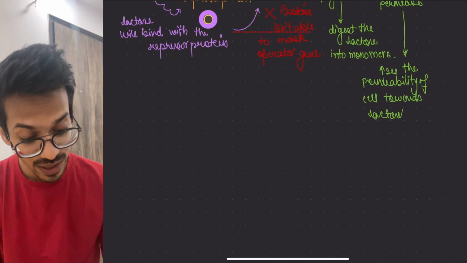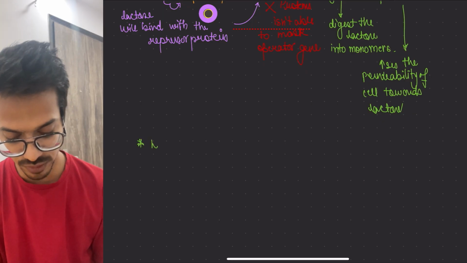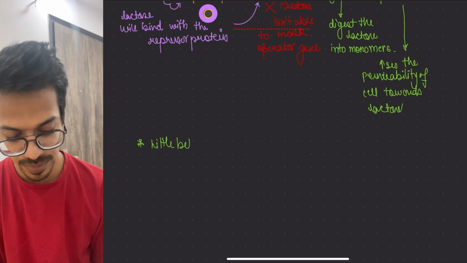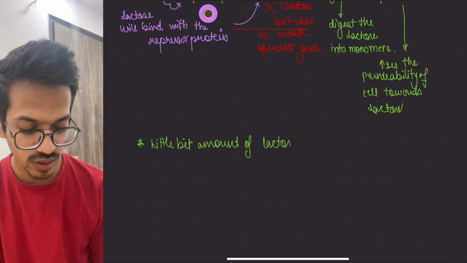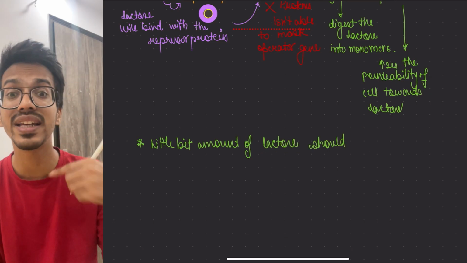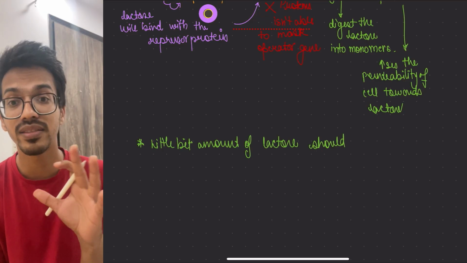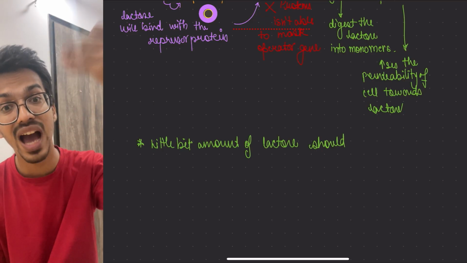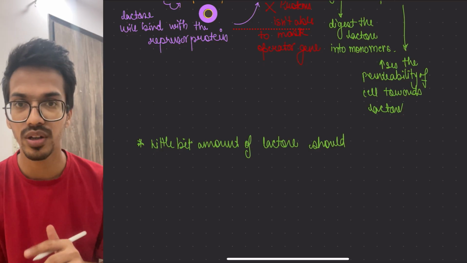Now a very important thing is that a little bit of lactose should always be present. Why? Because it keeps the permeability open. Because if nothing is present, then from the higher concentration, meaning the outside environment, it won't be coming inside the cell of the prokaryote. Understood?